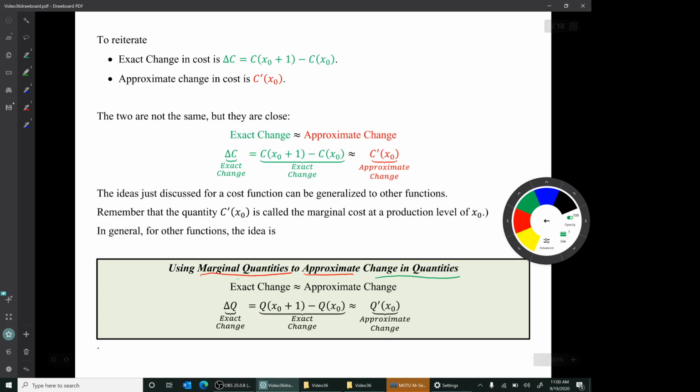So the exact change, that green quantity that we compute with a formula like this, is roughly equal to the approximate change, that red quantity that we compute using the marginal quantity.